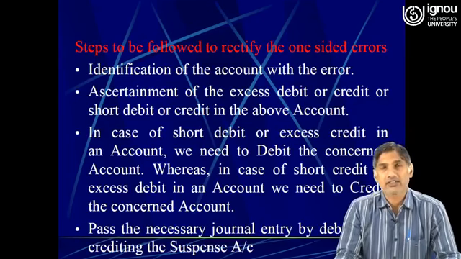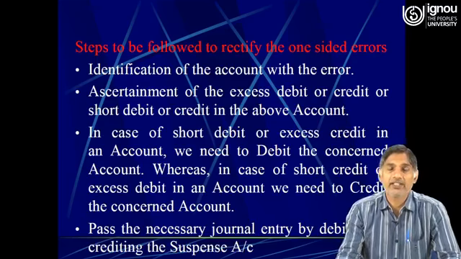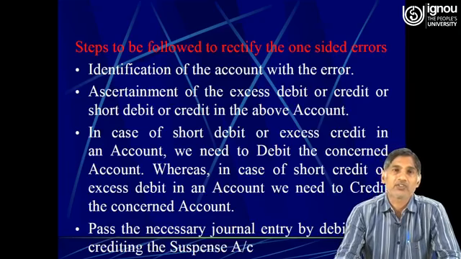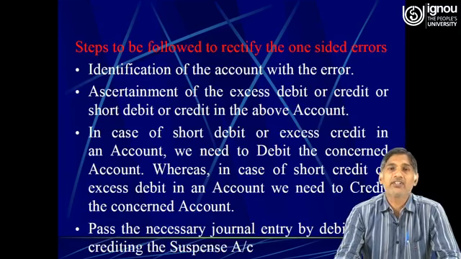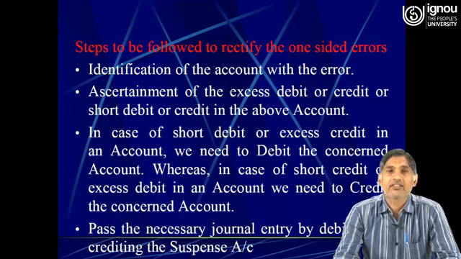There are certain steps which need to be followed in order to rectify the one-sided errors. The first one is identification of the account with the error. Here identification of the account is most important, that is, which account has been affected.